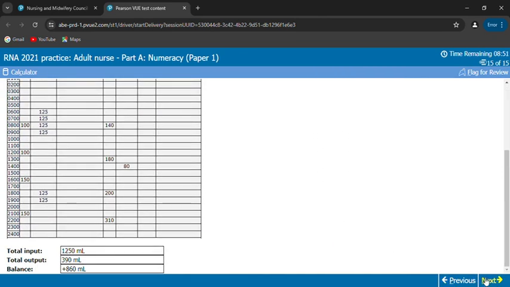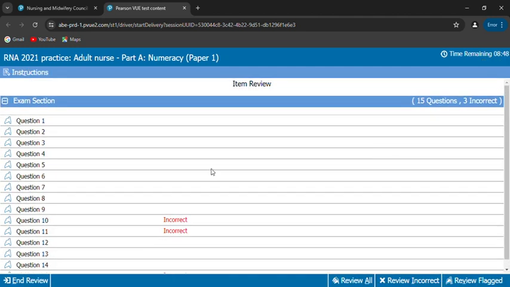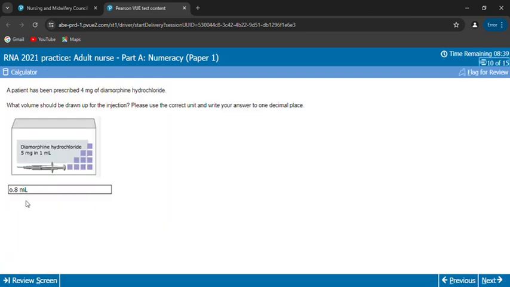So now we will finish. You can see that here are 3 incorrect answers, but sometimes they will give some things like this, so we will review these questions again, to see why these are incorrect. I wrote O instead of 0.